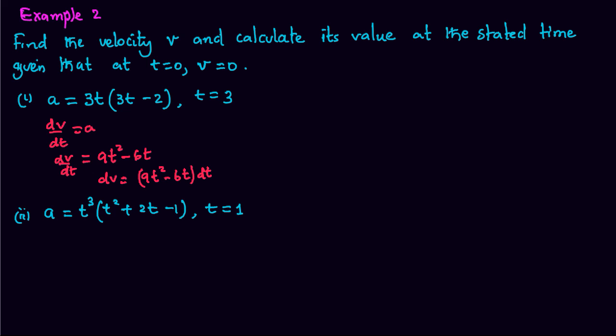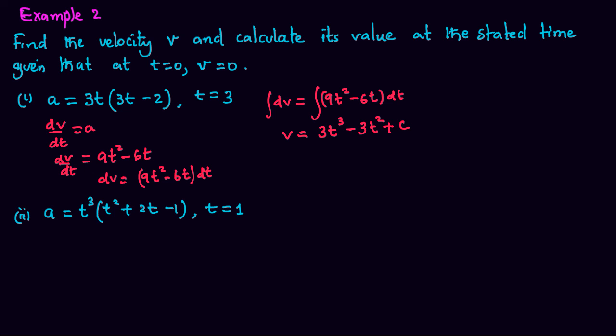When we integrate both sides, we get the integral of dv is equal to the integration of 9t squared minus 6t dt. v is equal to 3t cubed minus 3t squared plus a general constant c.